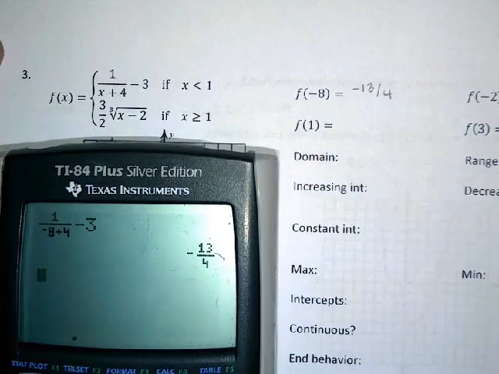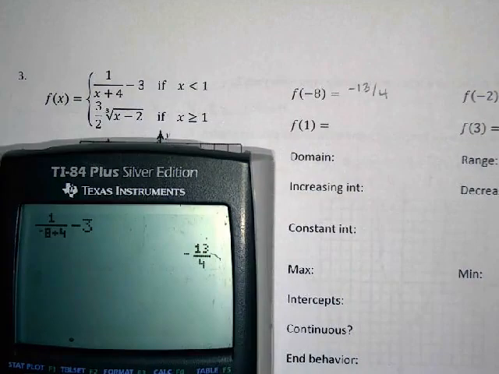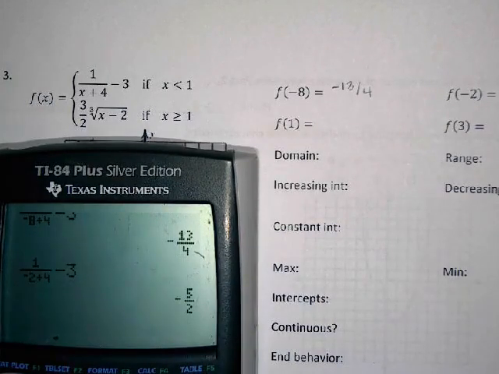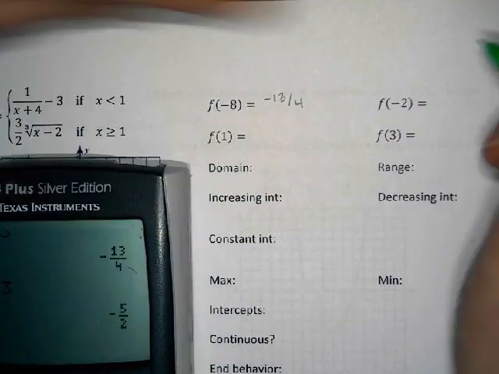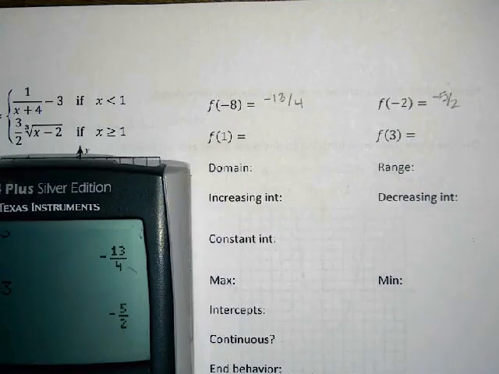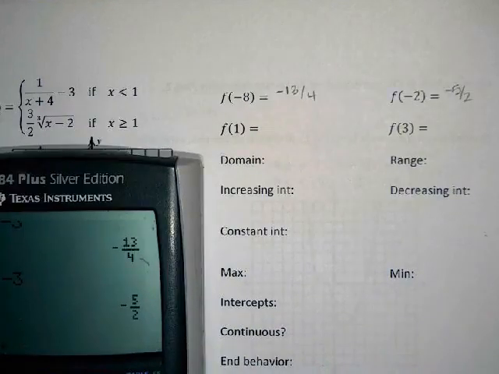Which one do I plug a -2 into? The first one? Okay, so I'm going to copy paste this, and I'll just take the -8 and turn it into a -2. -5/2. Okay. Which one can I plug a 1 into?